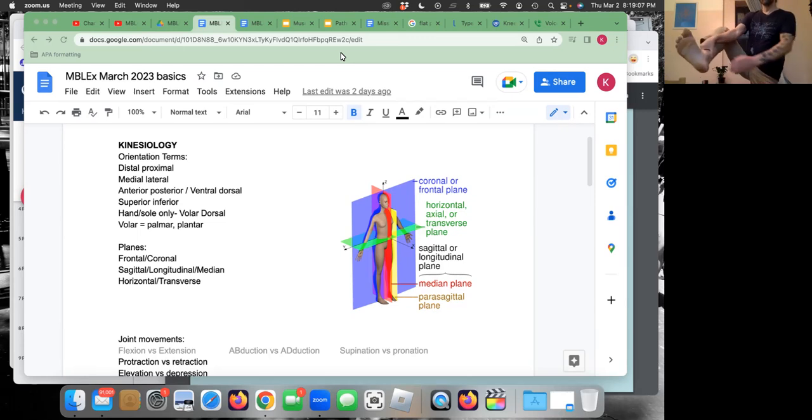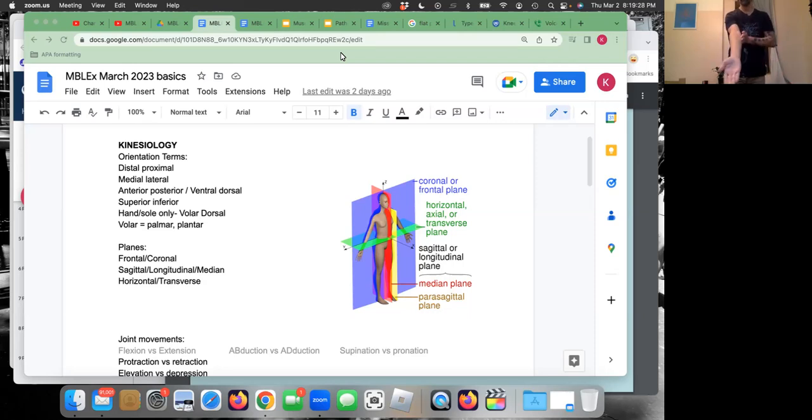Touch the sole of your foot. Plantar and dorsal. Medial and lateral, right?